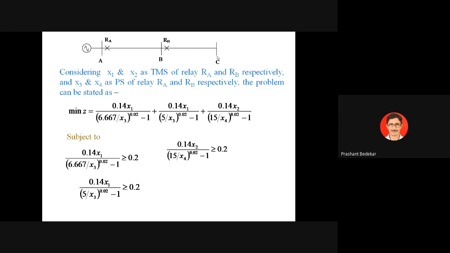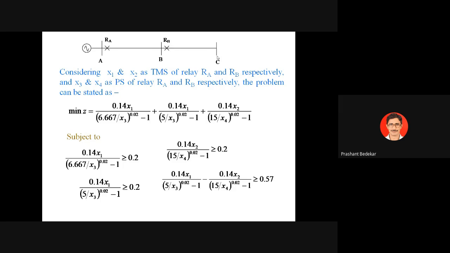So for section A to B, there will be 1 constraint. Section B to C, there will be 2 constraints. This way we have minimum operating time constraints, 3 in number. And as it is a simple system consisting of only 2 relays, there is only a single primary backup relationship. So there will be only one coordination constraint.